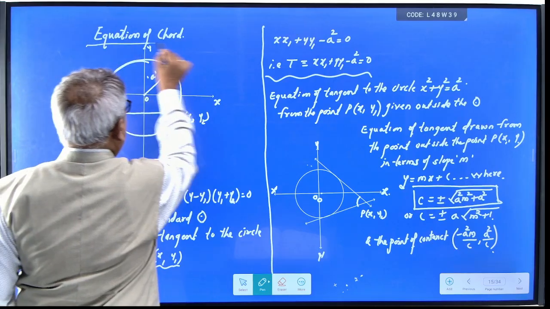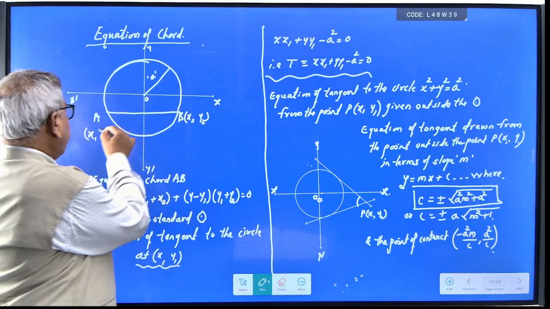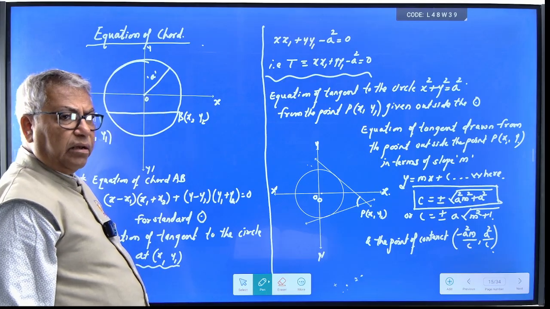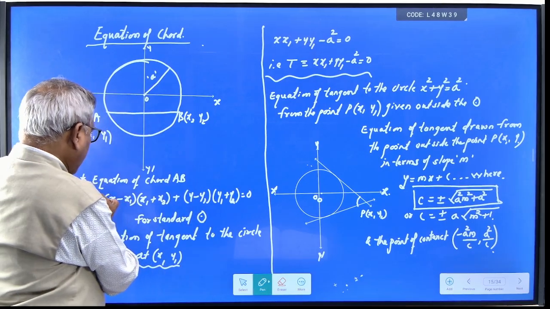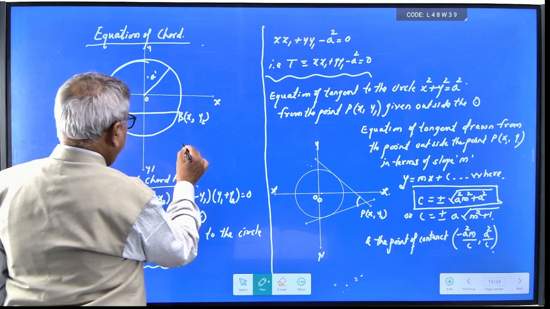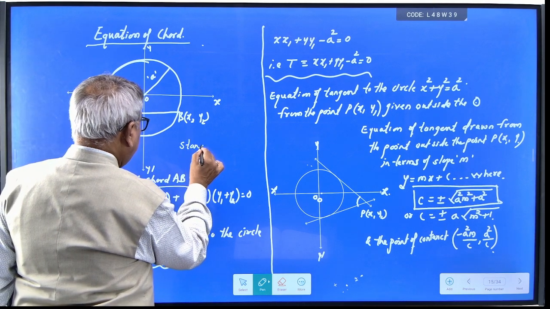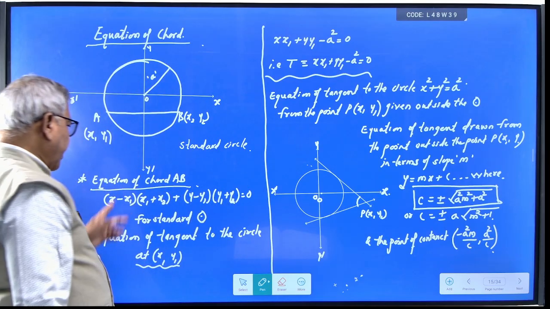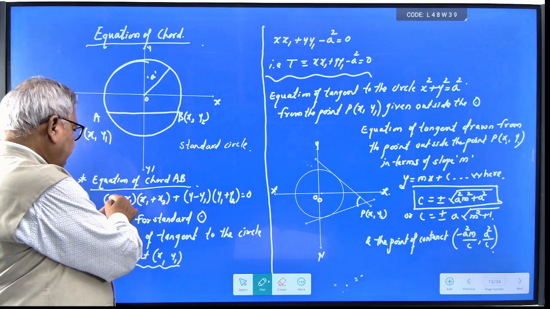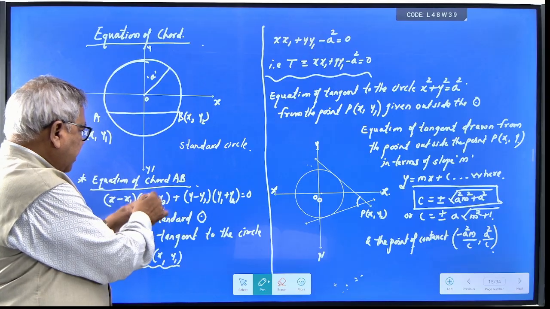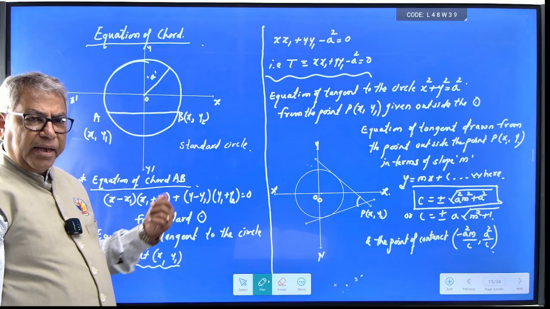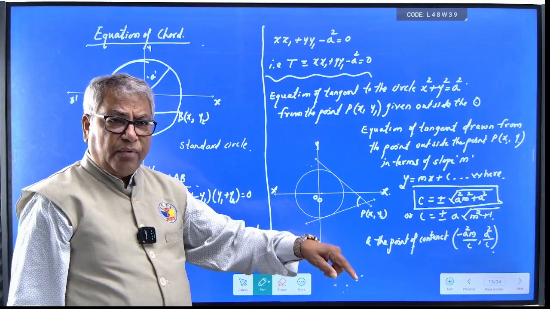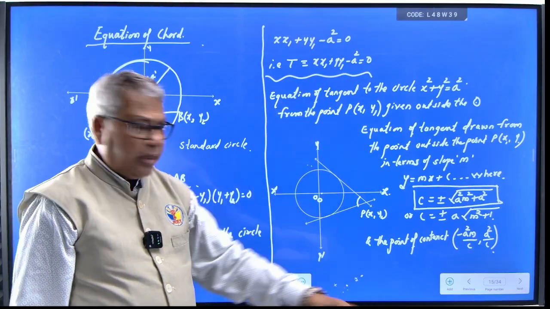So this is a typical type. Then the equation of a chord. What is the chord now? A(x1, y1) and B(x2, y2) are two distinct points on the circle. So first of all, the equation of chord AB for the standard circle. Remember, (x minus x1) into (x1 plus x2) plus (y minus y1) into (y1 plus y2) is equal to 0.